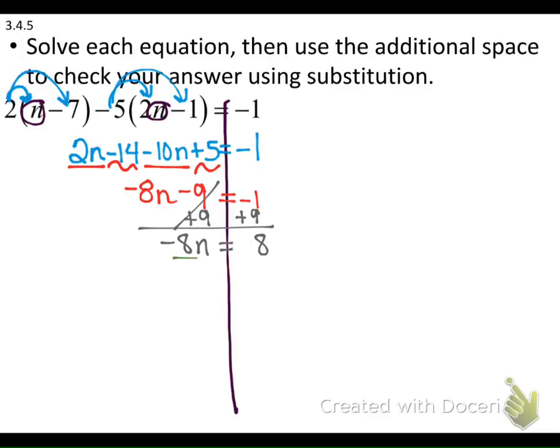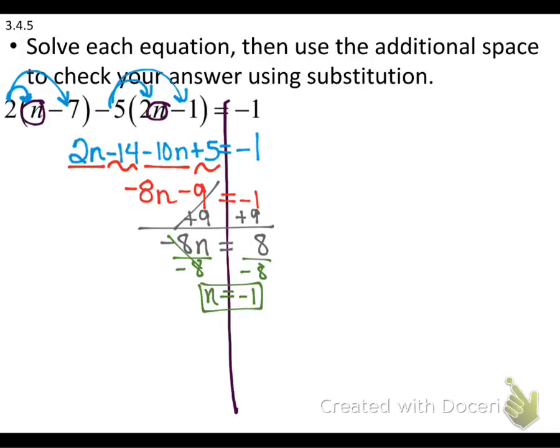And now what? Divide by negative 8. Good. Divide by negative 8, which would then equal negative 1. Even better. All right. Now, you don't have to do this, but we're going to substitute to see if we're right. So every time I see the variable n, what do I plug in for it?